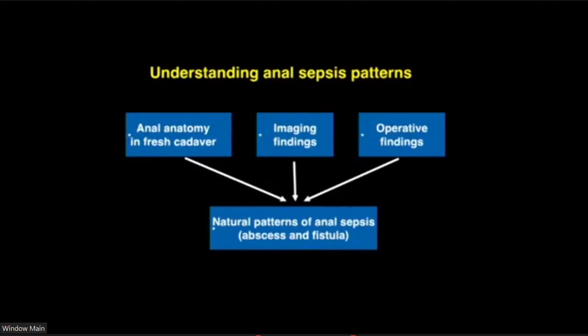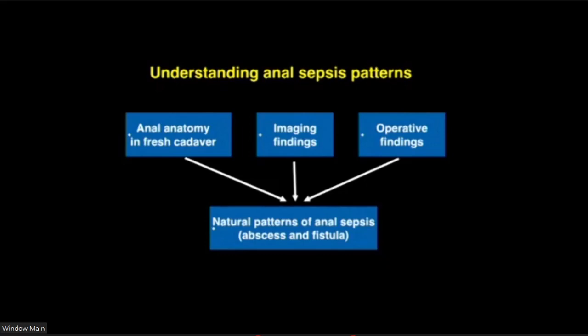I learned the anal sepsis patterns from three things. First, anal anatomy in fresh cadavers. Anatomy of the anus in a fresh cadaver is clearer than in formalin-preserved ones, and we can see everything. We dissect from inside to outside, up and down in every direction, for more than 100 cases of cadavers.